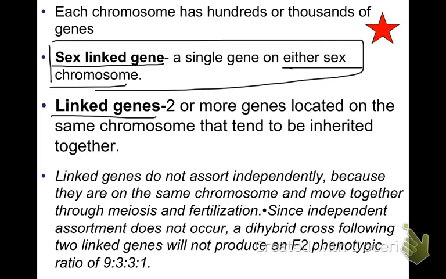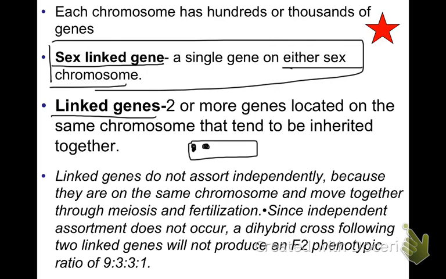Linked genes means 2 or more genes that are present on the same chromosome that tend to be inherited together. In my class, I would always have a pair of students who function together, very good friends or best friends. Wherever one goes, the other will also follow. So I use them as an example to say these are like linked genes.